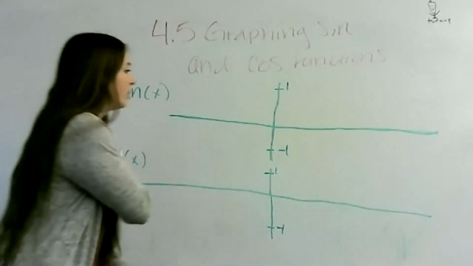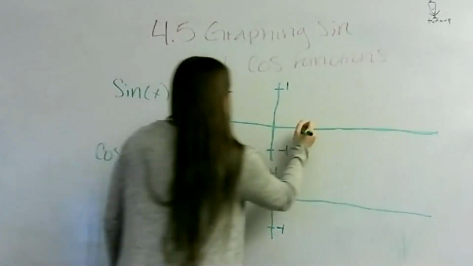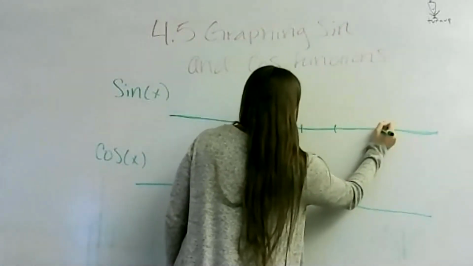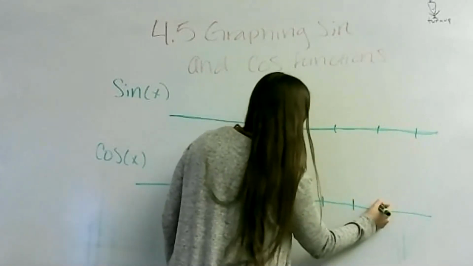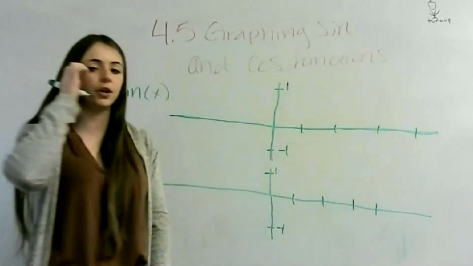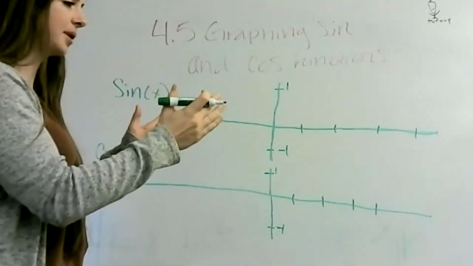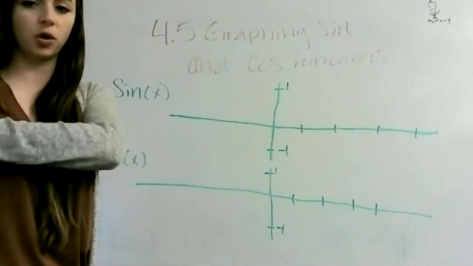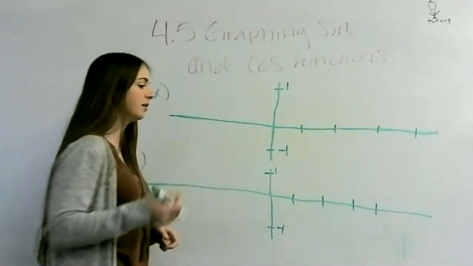So the way that we break up these intervals. Each function has about 4 intervals on them. And that's a full period of a function. So a full period of a function is where I could take that chunk, copy and paste it, and make the rest of my function over and over and over. Sine and cosine, all trig functions, are repeating functions.